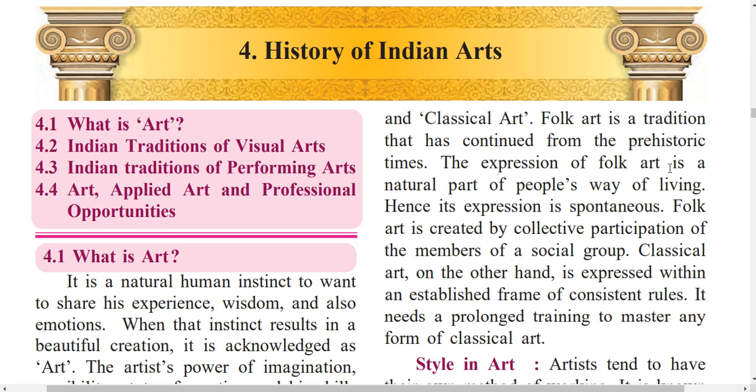The expression of folk art is a natural part of people's way of living. Hence, its expression is spontaneous. Folk art is created by collective participation of the members of a social group. Classical art, on the other hand, is expressed within an established frame of consistent rules. It needs a prolonged training to master any form of classical art.